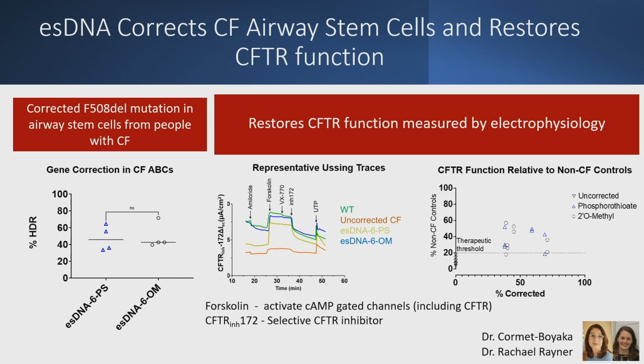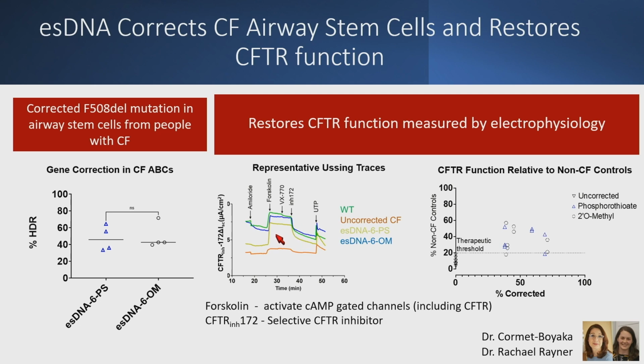electrophysiology. This data shows a sample tracing, where the cells corrected with the esDNA templates responded to forskolin with an increase in the short circuit current, and also responded to the selective CFTR inhibitor with a decrease.